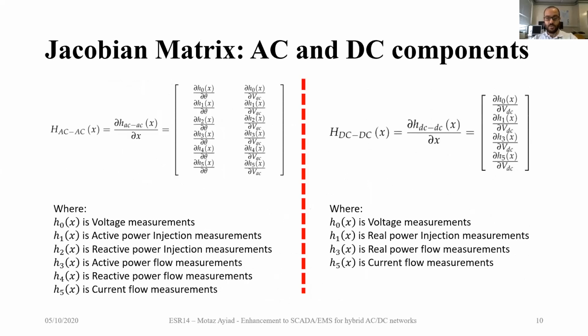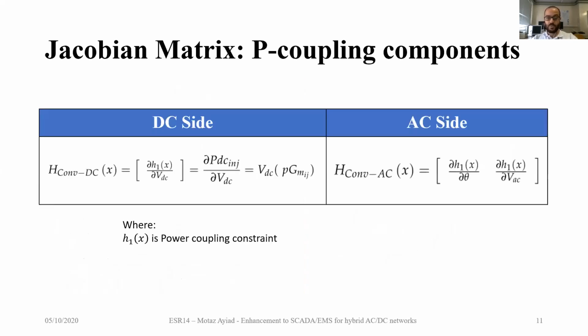Let's start with the traditional components, AC and DC components. On the AC components, we can see the partial derivatives of the measurement functions of the AC measurements to the voltage and the phase angles, while on the DC side, they are only partial derivatives to the voltage. But when we go to the power coupling component, on the DC side it's much easier to calculate, but on the AC side, it's more complex.